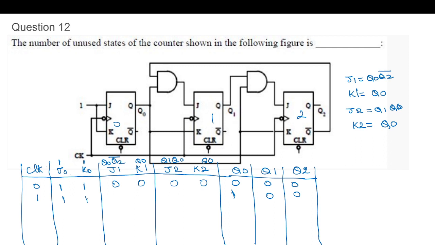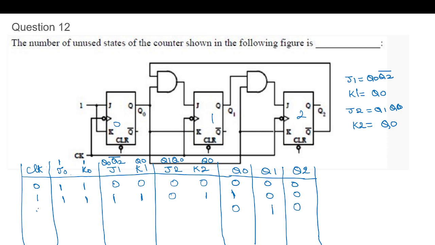This will be 1, 1. This will be 1. Q1 and Q0, 0. 0, 1, 0.